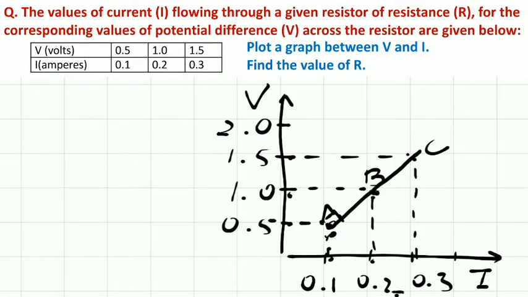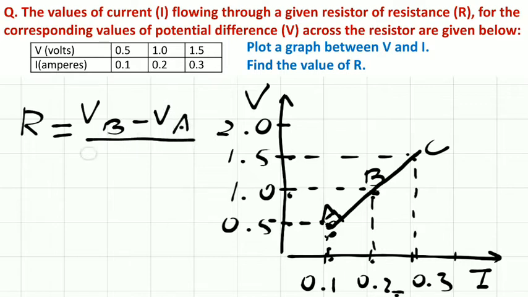Then the value of R will be given as R is equal to VB minus VA upon IB minus IA. As we know that R is equal to V upon I. So here in this case, VB minus VA upon IB minus IA.